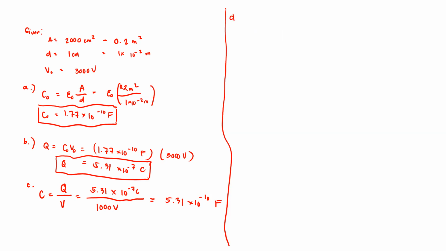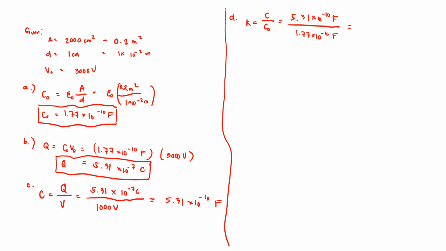And then for letter D, we are asked to find the dielectric constant of the material. To find the dielectric constant, we will use this equation: K is equal to C divided by C naught. If we take the ratio of the new capacitance by the capacitance in vacuum, then we will get the dielectric constant, K. So we have 5.31 times 10 to the negative 10 farad divided by C naught, which is 1.77 times 10 to the minus 10 farad.